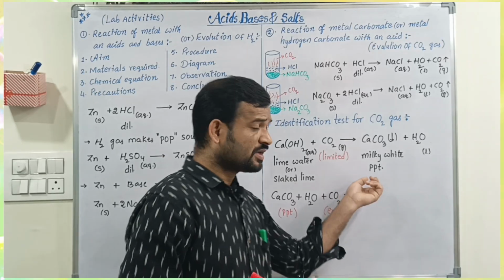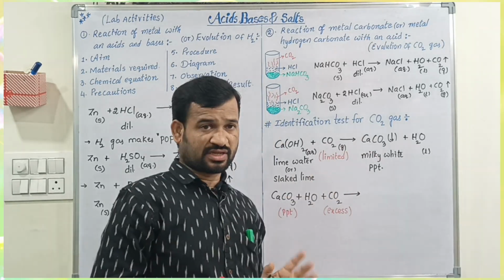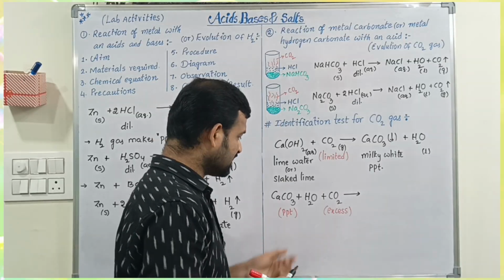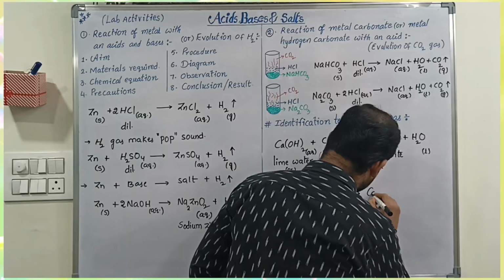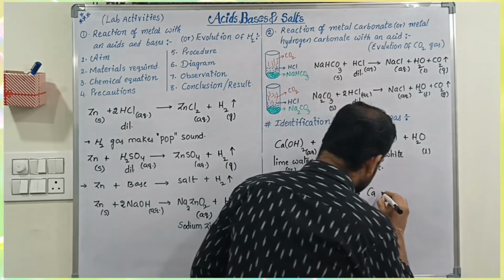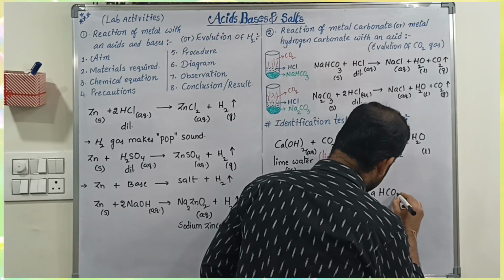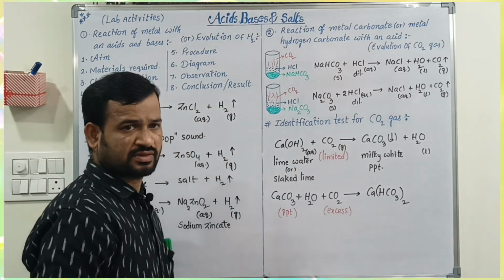So this is a precipitate, white PPT. Whenever we pass an excess amount of CO2 gas through the solution, then the white PPT, this insoluble substance, will become soluble. So then Ca(HCO3)2. Understand?